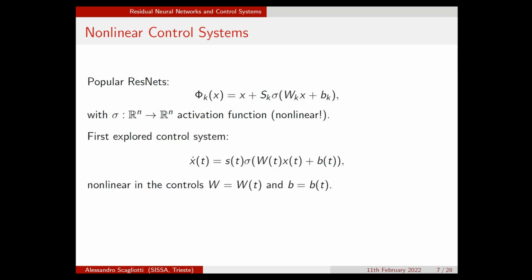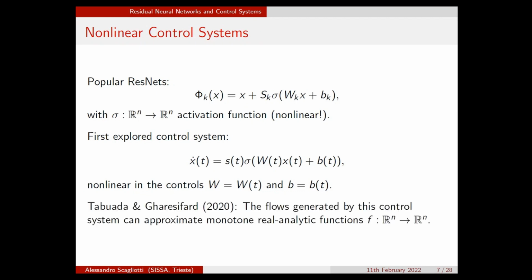Okay, the first explored control system inspired by residual neural networks had basically the corresponding structure. The only main difference is that the control in front of the function sigma is often a scalar instead of being a matrix, but the other terms are exactly the same.